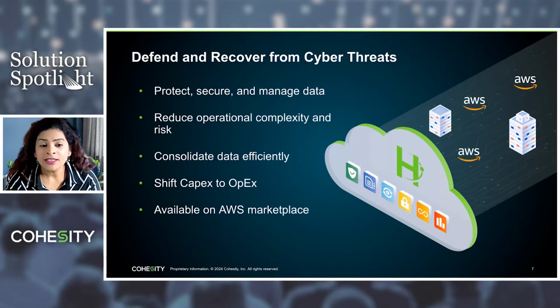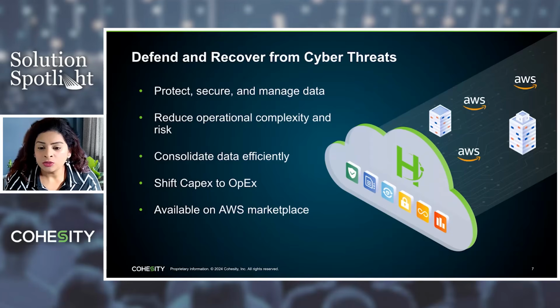So Cohesity DataProtect as a service, which is our SaaS solution for backing up AWS sources, helps you protect, secure, and manage your data all from a single unified console, which is a great customer-tested UX and UI, which helps you manage all of your data, whether it's on-premises, in the cloud, or even in edge solutions. And that's one of the differences between having, say, a cloud-based native backup solution and Cohesity DataProtect as a service.